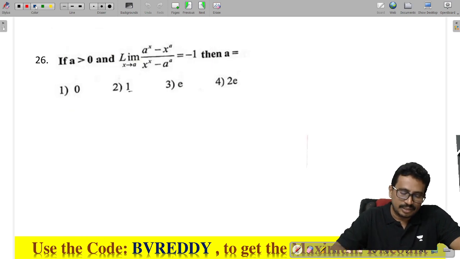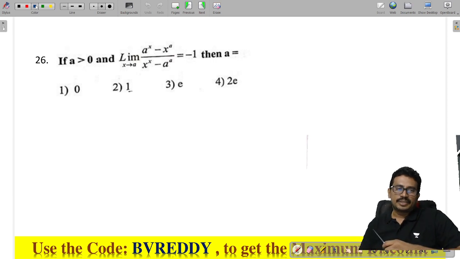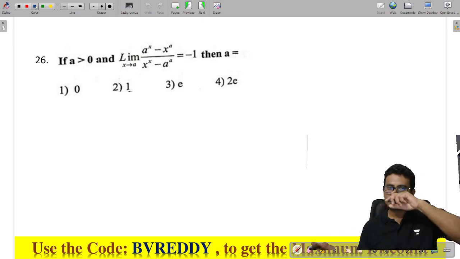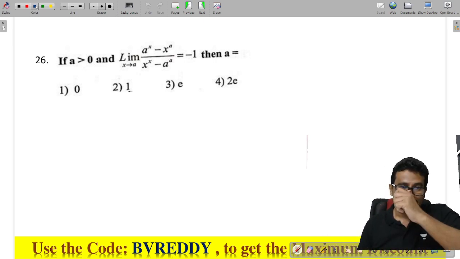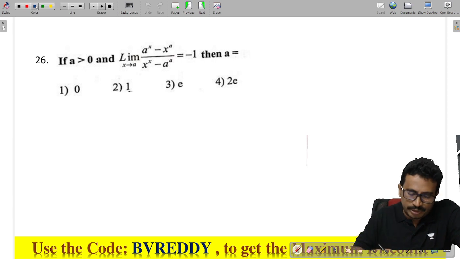Now let's enter into the calculus part. If a is greater than 0, limit x tends to a of (a power x minus x power a) by (x power x minus a power a). If I directly substitute the value of a, we will get the 0 by 0 form, undefined. So let's go for the L'Hospital rule. Tell me what happens if I apply it.